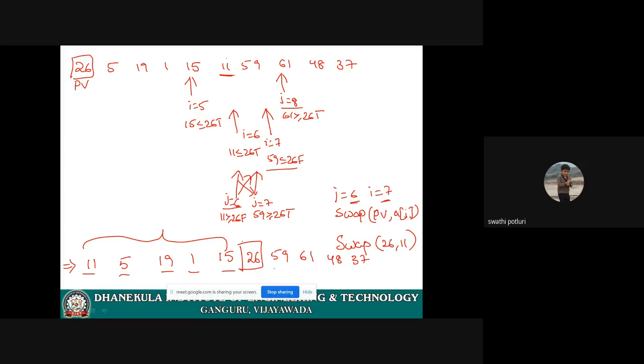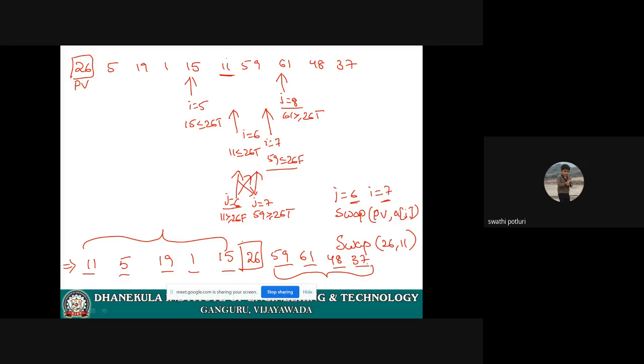Similarly on the right, if you observe 59, 61, 48, 37, each and every element greater than the pivot element is placed in the right subarray. Is it clear now?